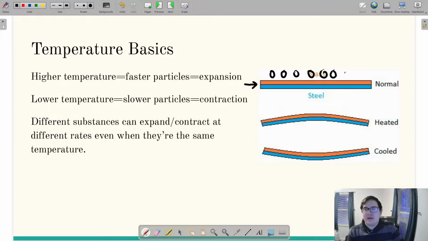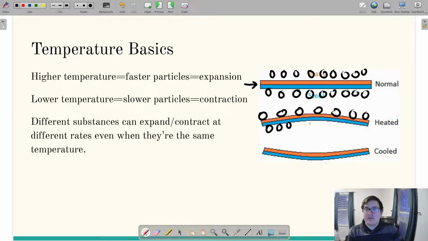One side's brass, one side's steel. When you heat them up, let's assume there are the same number of atoms on both sides. Well, the brass side is actually going to expand faster than the steel side. And so the atoms on the steel side are going to be closer together, whereas the atoms on the brass side are going to be further apart.